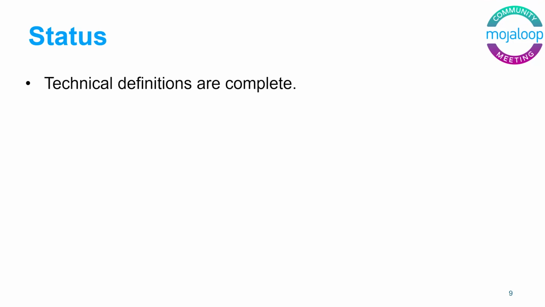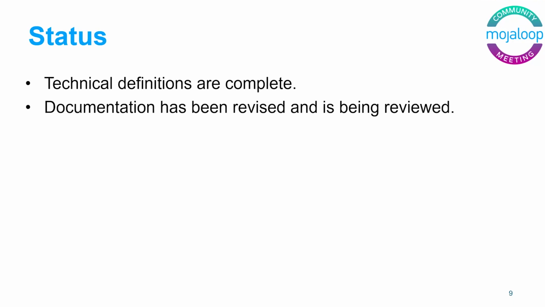They've been published, obviously not on the main site because they're not part of the production version yet, but they are available for developers to use. The documentation has been revised and is currently under review. So that will be available once we go into production. You'll be able to see the documentation relating to currency conversion and how to do it on the main site, the same way you can everything else.